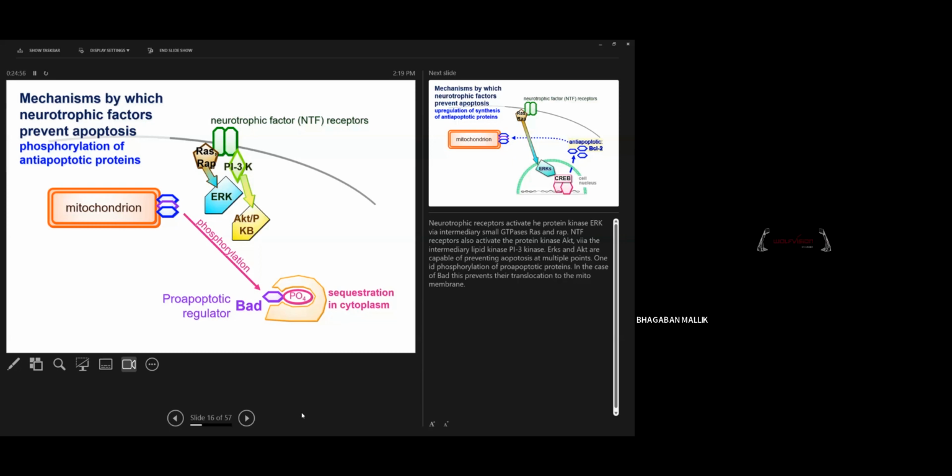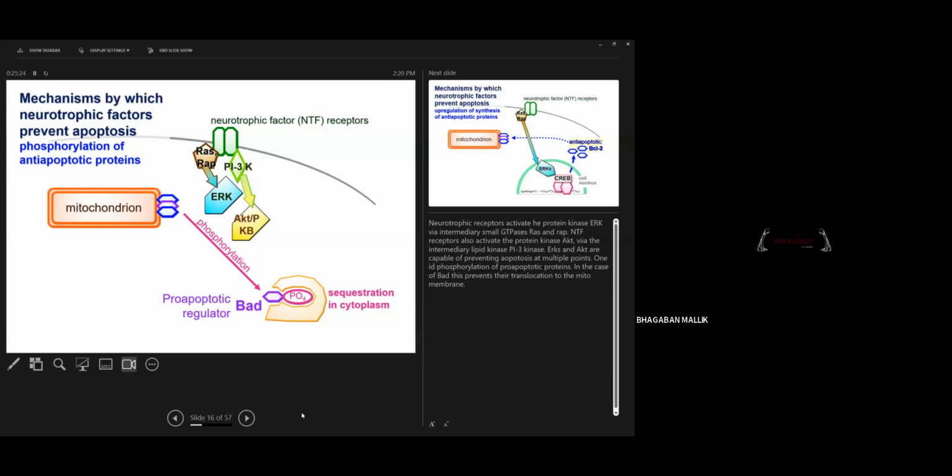And also you have activation of other GTPases like RAS GTPases or RAP GTPases, which can basically activate the ERK. So this is how the ERK is getting activated. And also this AKT or protein kinase B gets activated by phosphoinositide 3 kinase.